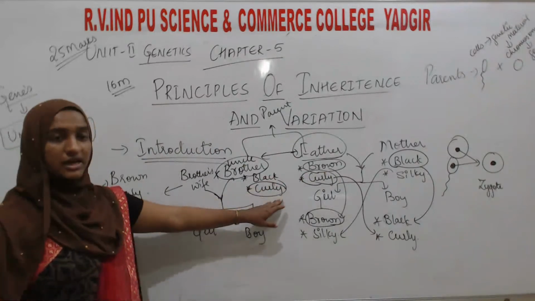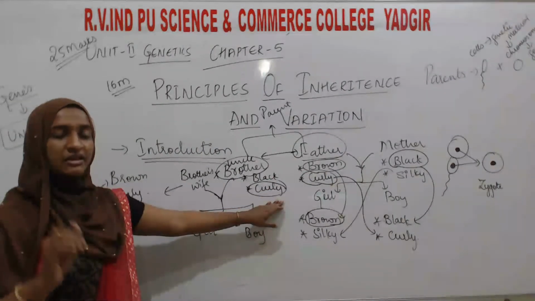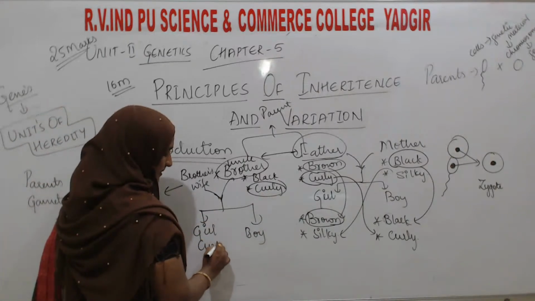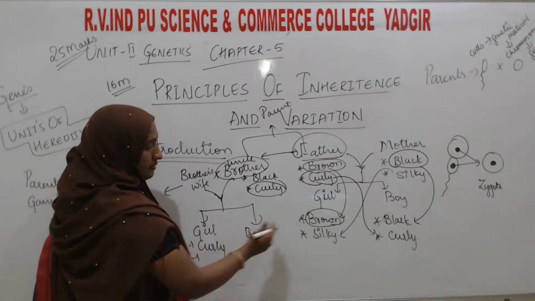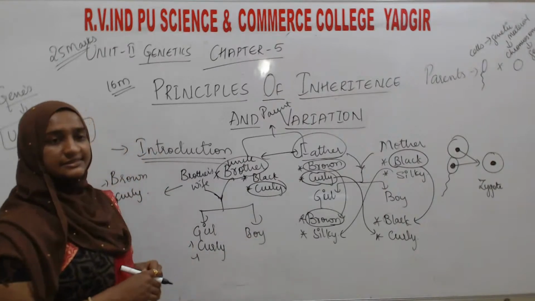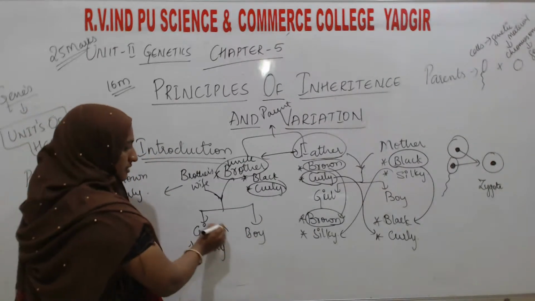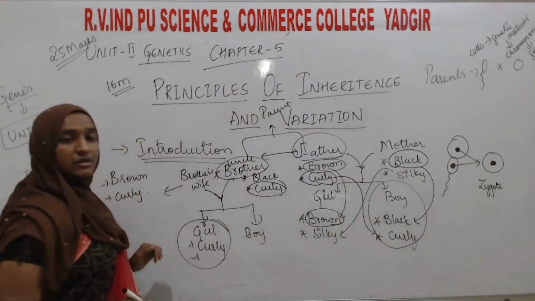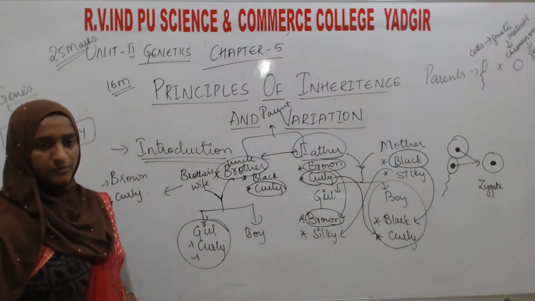These curly hairs, which are similar in both the brothers, you can see in the siblings or the cousins. Here this girl and this boy are the cousins or the siblings, what we call.